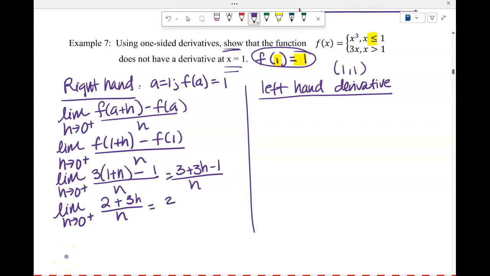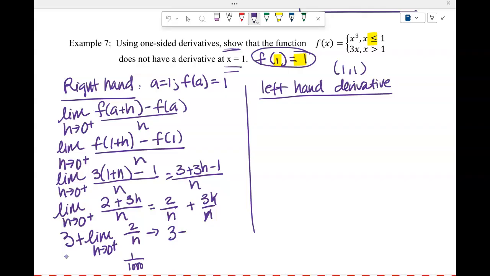So we can split this up into 2 over h plus 3h over h, which allows us to cancel out the h here. So we have the limit as h approaches 0 from the right of 2 over h plus 3. What if we get h to be something super small, like positive 1 over 1,000?